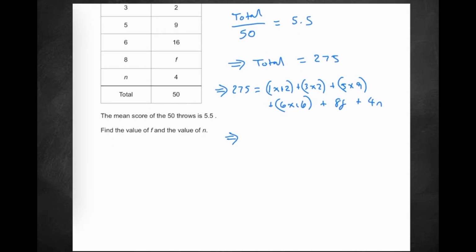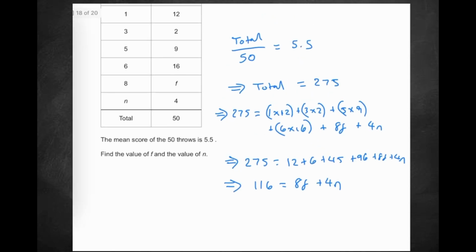So 275 equals 12 plus 6 plus 45 plus 96 plus 8f plus 4n. Therefore, 275 minus 12 minus 6 minus 45 and minus 96 gives us 116 equals 8f plus 4n.